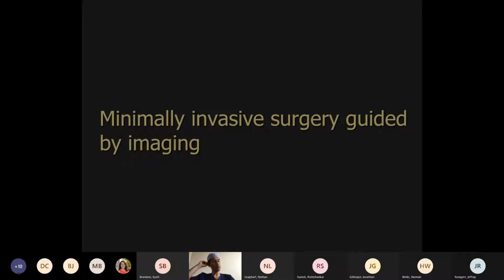So IR, what we do, pretty much, is minimally invasive surgery guided by imaging. And that's what we end up doing. I think the word surgery there is a good way to help people understand what we do. And imaging is something I think is easier to understand.